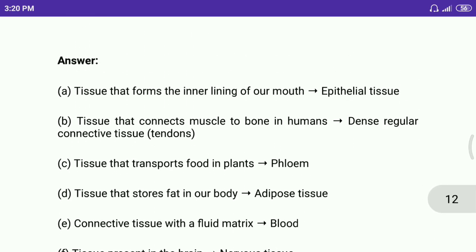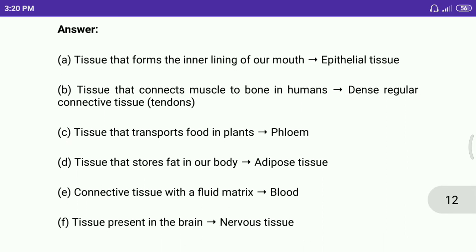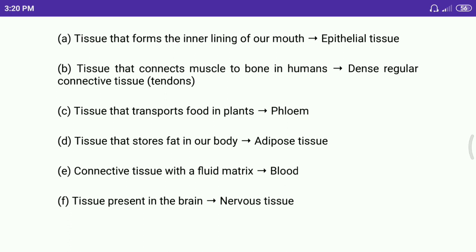Answer. A. Tissue that forms the inner lining of the mouth is epithelial tissue. B. Tissue that connects muscle to bone in humans is a regular connective tissue, tendon.